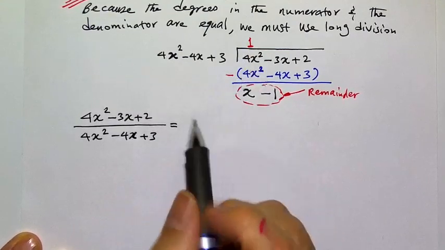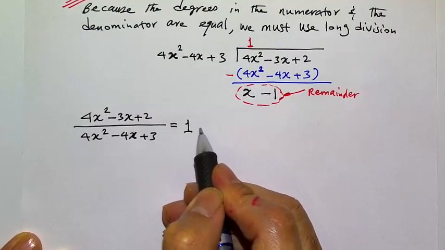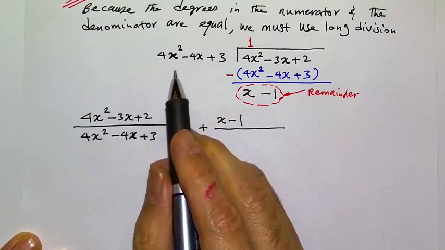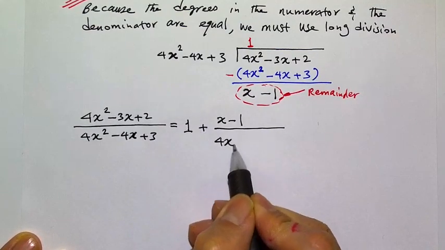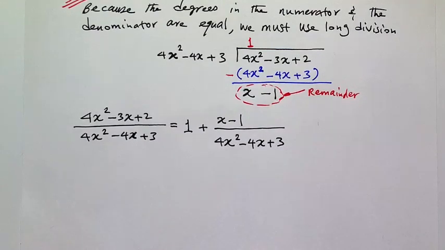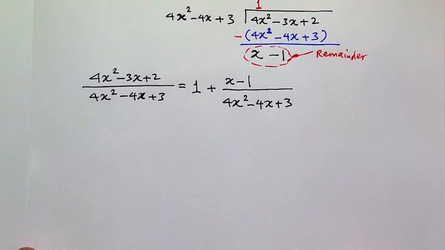We take this 1 plus the remainder, x minus 1 divided by the divisor, like that. Okay. All right.